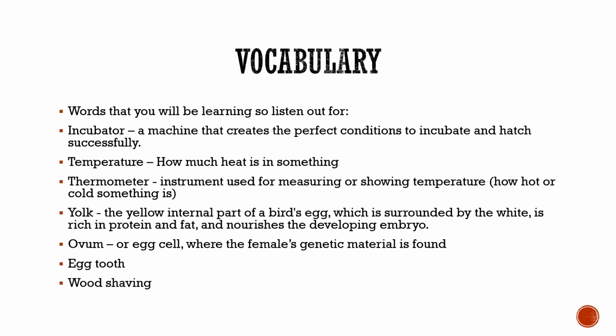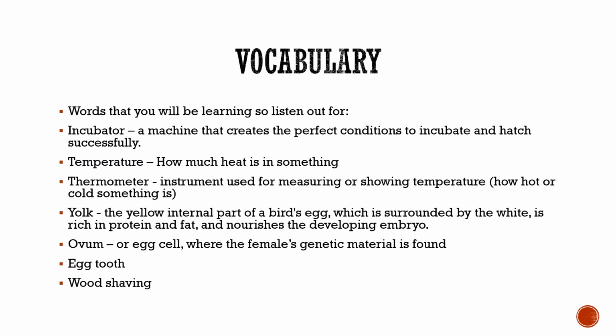Okay, so some vocabulary words. We have hit a lot of these words this week, and I just want to go over a few of them with you. So we defined an incubator, which is a machine that creates the perfect conditions to incubate and hatch successfully, or that's the goal. Temperature is how much heat is in something, and we talked a lot about temperature in the incubators and temperatures with the brooding hens sitting upon the eggs.